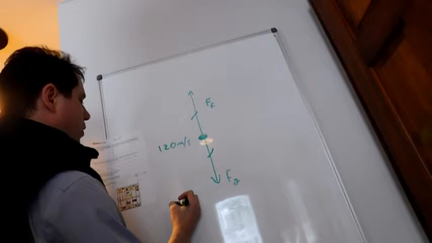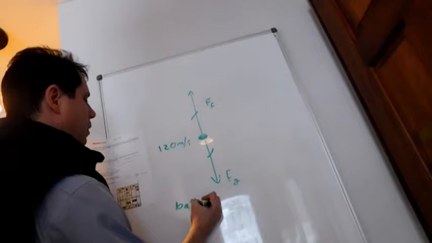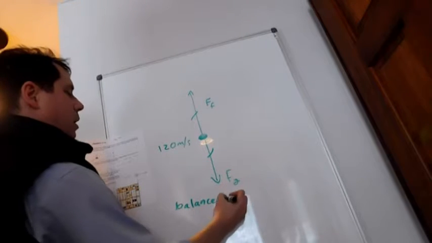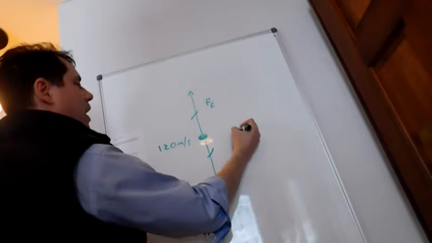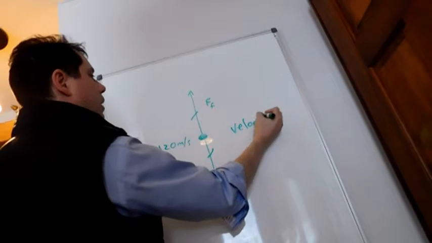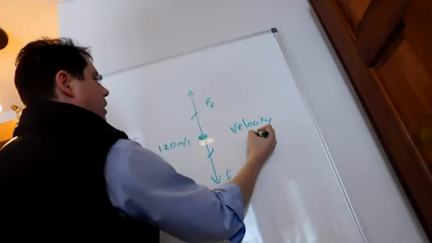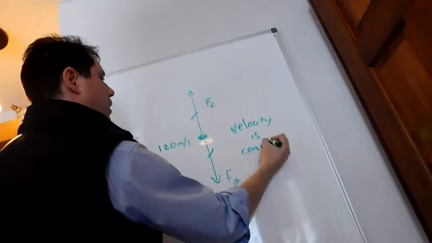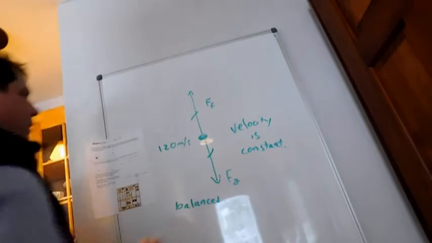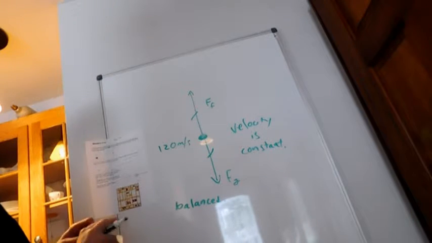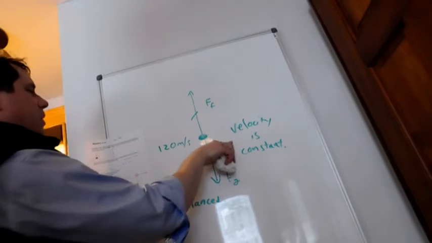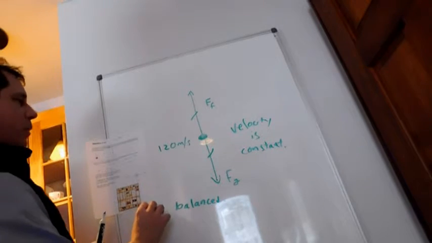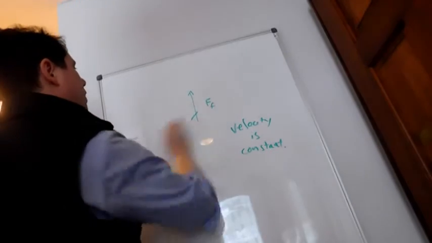Again, we know that the forces are balanced because it is no longer speeding up or slowing down, which is another way of saying that its velocity is constant. So that's what's happening. We have balanced forces because the velocity is constant. It's no longer speeding up or slowing down. All right, that takes care of uppercase level B.